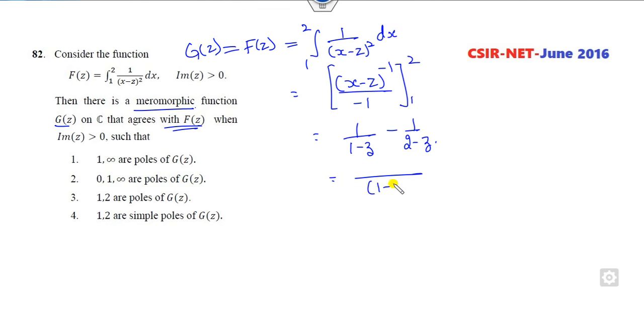If I simplify them, you will get this. Now that's a pole array. You can see the numerator is a constant, so the poles are 1 and 2. So 1 and 2 are poles. 0, 1, infinity poles are cancelled. 1 and 2 are simple poles because all have degree 1. So both are the correct answers.